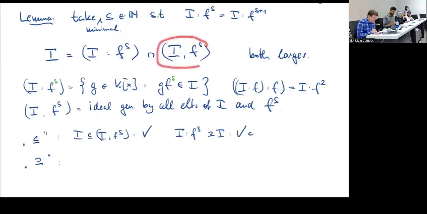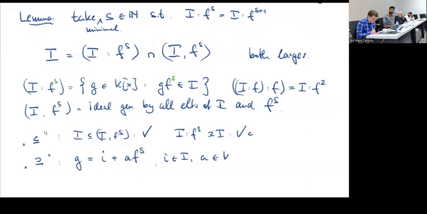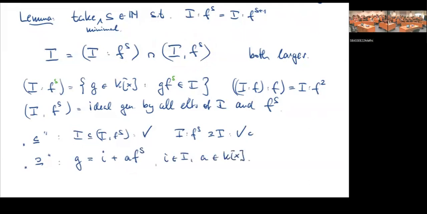So one way to do it is to start with a general element, and I call it G, and I assume it's in this ideal, so it is of the form I plus some coefficient A times F to the S. So an element there is some polynomial combination of elements of I and F to the S. Of course, if A is 0, then the task is trivial, so I will assume it's like this, where I is in I and A is arbitrary.